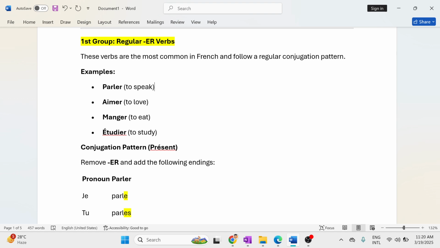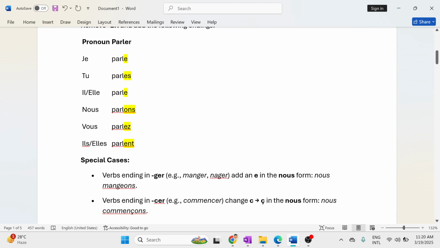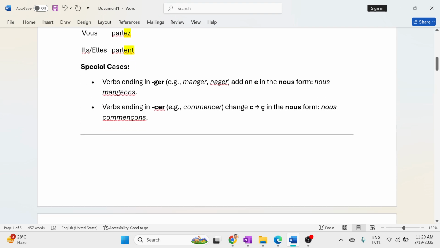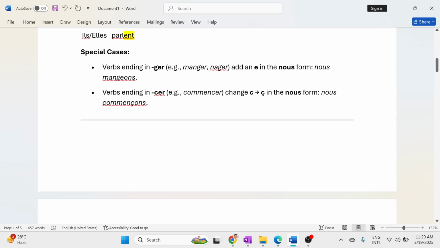I cannot be accurate in saying 10%, but it's just an idea, an overall overview. So the first group is the dominant one, and most regular verbs fall in the first group. But some important verbs even fall in the second group, which are very few in number, and which is good for us. I already told you about GER verbs.